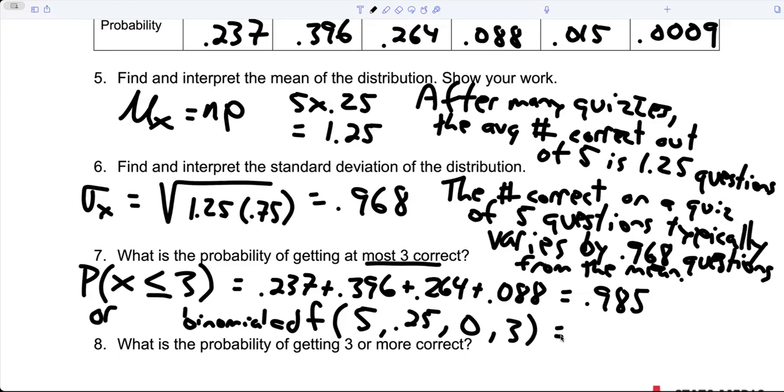And it's probably good practice to label these. So this is N, this is P, this is lower bound, this is upper bound. So take your calculator and go to binomial CDF and put in those values.